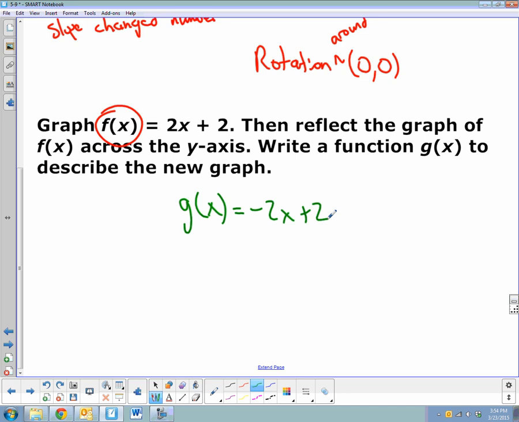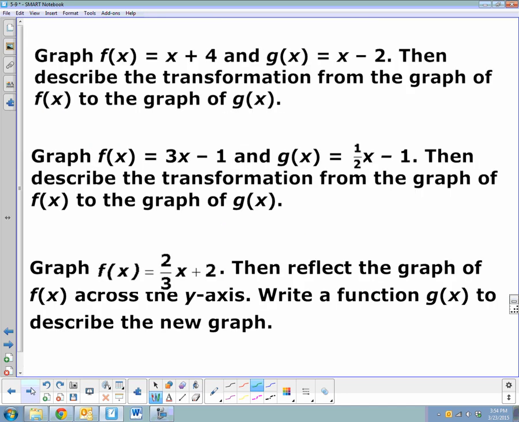So what I'm going to ask you to do is, again, I'm not going to ask you to graph at this point. Go ahead and try and describe the transformation for the first two. The last one, write a function g of x to describe the new function. I'm assuming you got that, or at least you paused it and tried it.